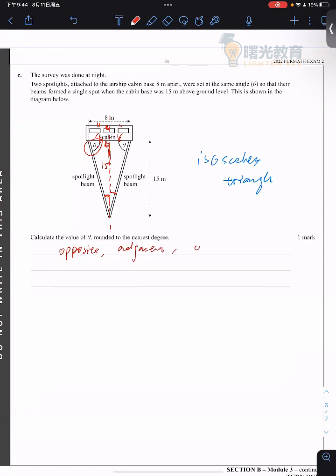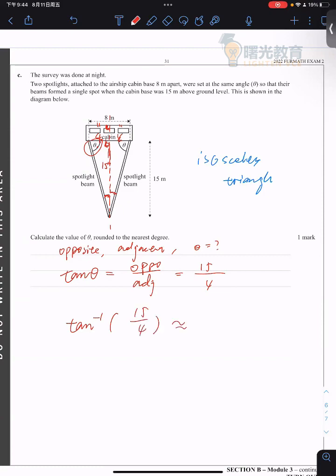We should apply tangent. So tangent equals the opposite divided by the adjacent, which is 15 divided by 4. And then use your calculator's inverse function: tangent inverse of 15 out of 4, and then round it to 75 degrees.